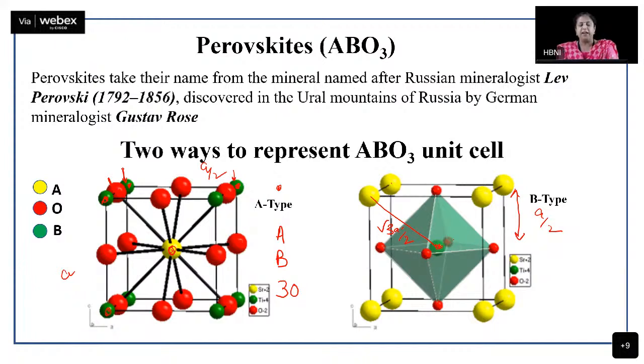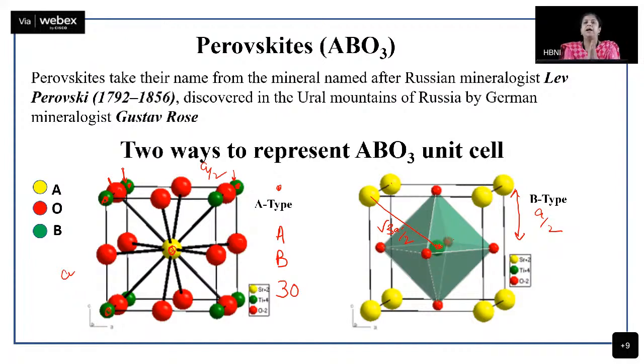In fact, if you concentrate on a particular cube, each of the 8 corners is the center of a BO6 octahedron. Those octahedra are joined by sharing corners and the A atom sits in the center of those 8 BO6 octahedra.